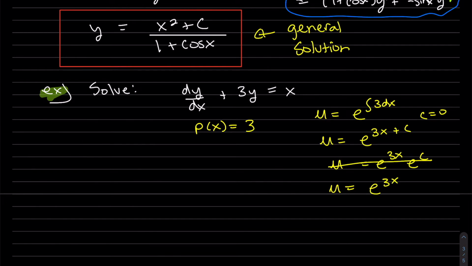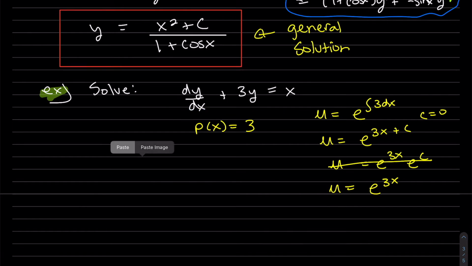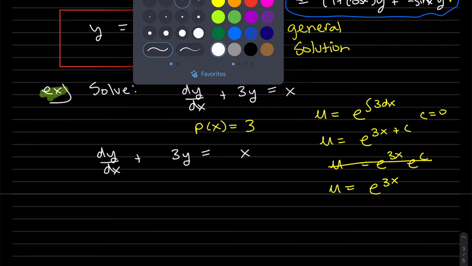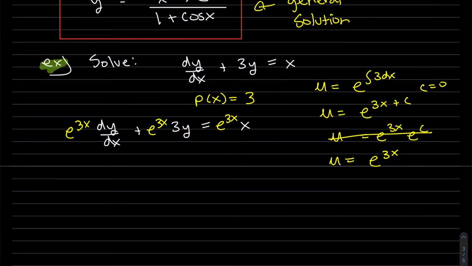So let's multiply our integrating factor through the standard form. So we take our equation, multiply through by e to the 3x, our integrating factor. Rewrite this as the product, d dx of, it's mu, which is e to the 3x times y.